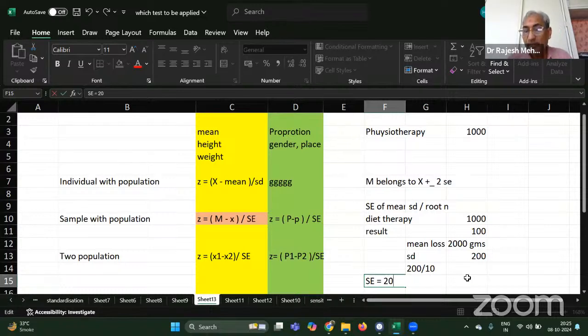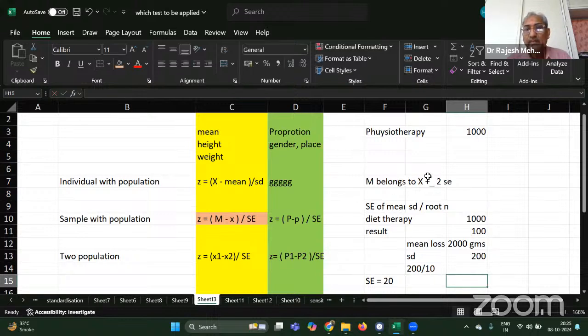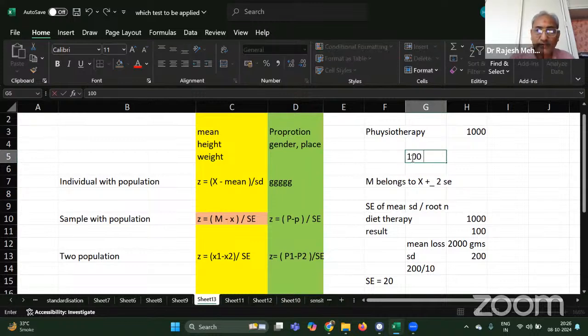So for this 1,000 people, the population mean belongs to the sample mean, which was 2000, plus minus 20 is the standard error.